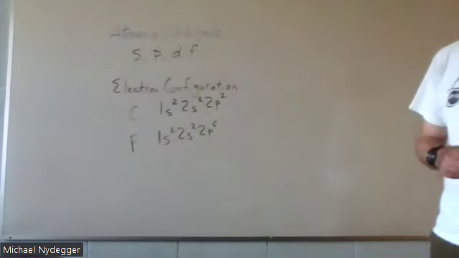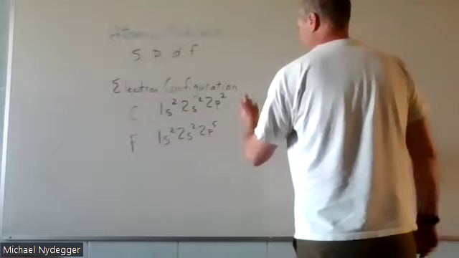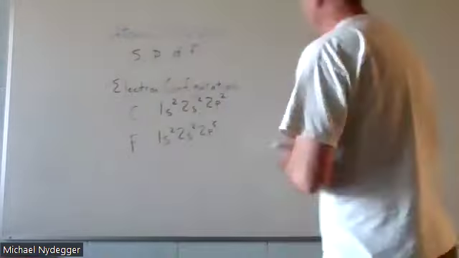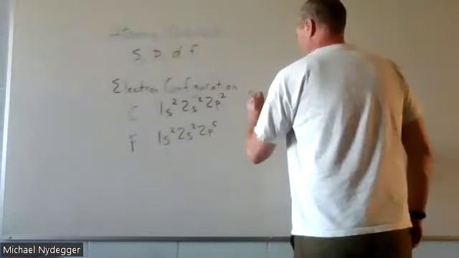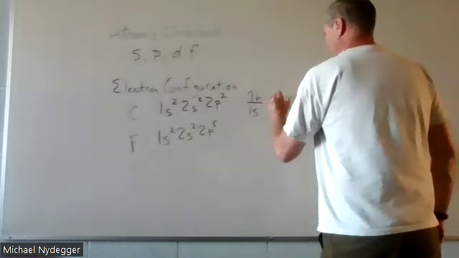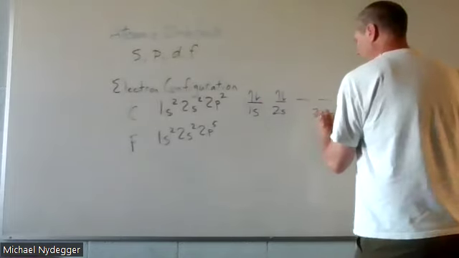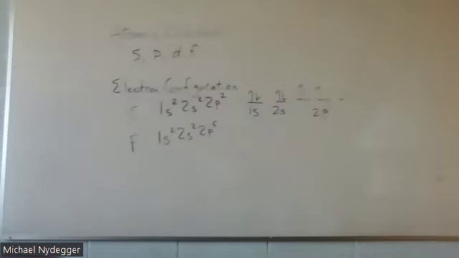If we were to draw this out, this would be 1s, there's your 2, 2s, there's the 2 there, and then the 2p would be as such. So that would be the one for carbon.